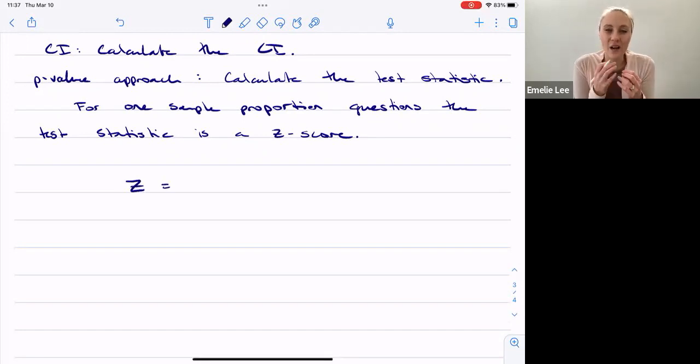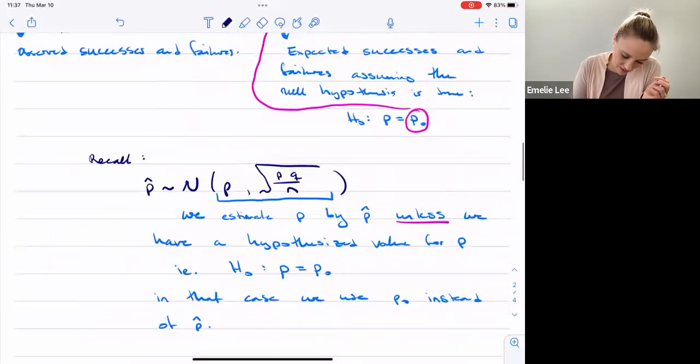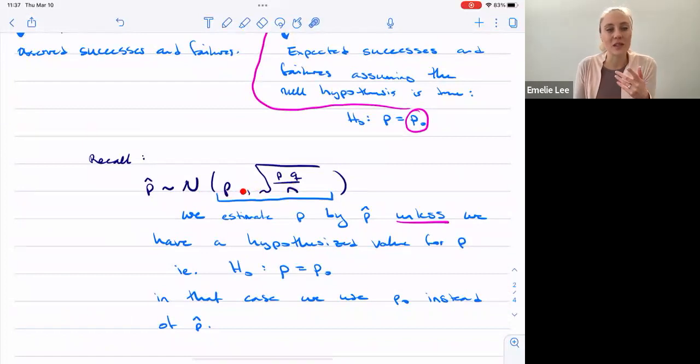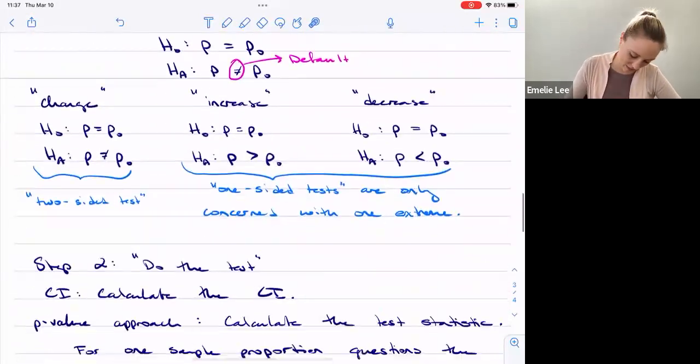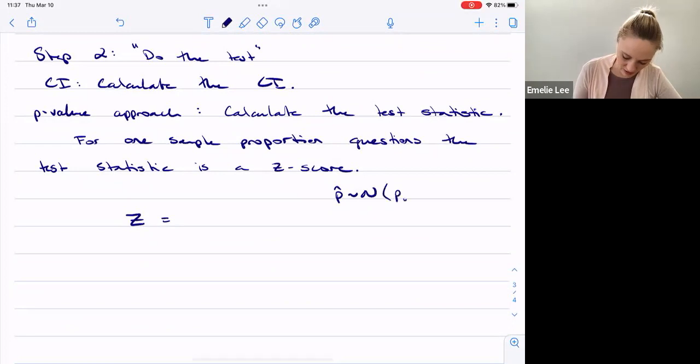Z is going to look at how far is p hat, your sample proportion, from your hypothesized proportion. So I'm just going to nab this distribution, and maybe I'll jot it down again. Here, if I have some p naught, then I'm going to use that in its place. So p hat is going to follow a normal distribution centered on p naught with a spread of p naught q naught over n.